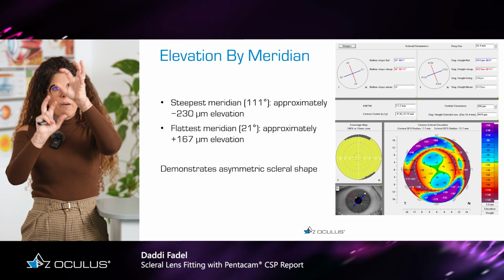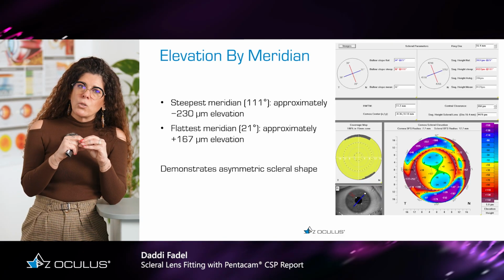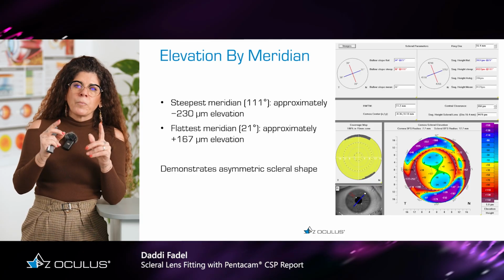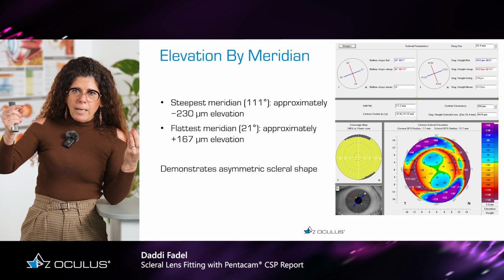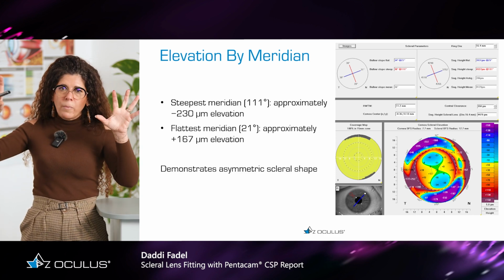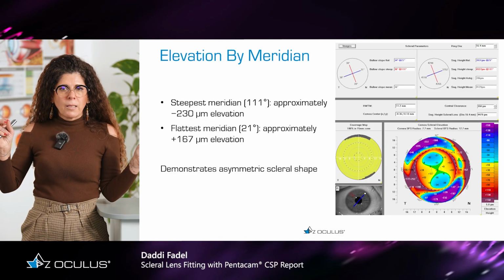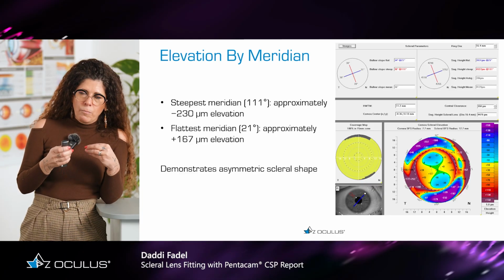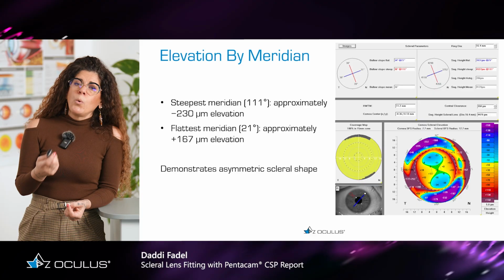Averaging them, we get to around minus 230 microns in the vertical meridian, which is the steepest one. Now doing the same in the flattest meridian, I can average the numbers, which are not too different between the nasal and the temporal one, and my average number is 167 microns of elevation in the horizontal meridian. What does it mean?